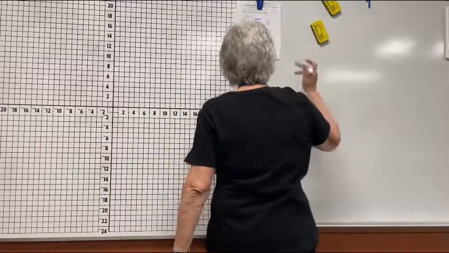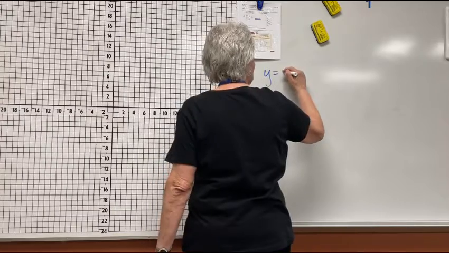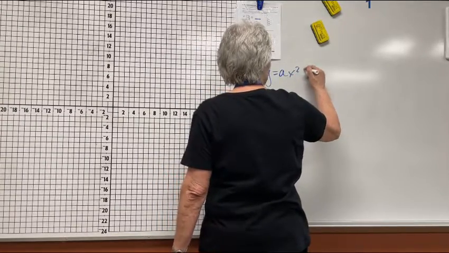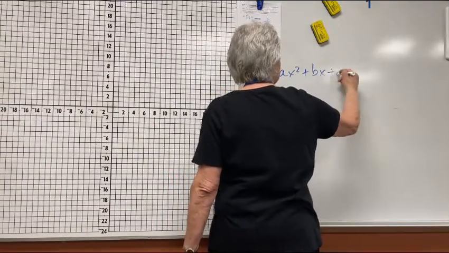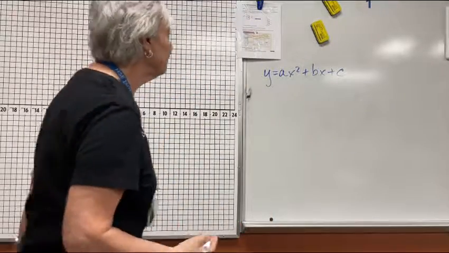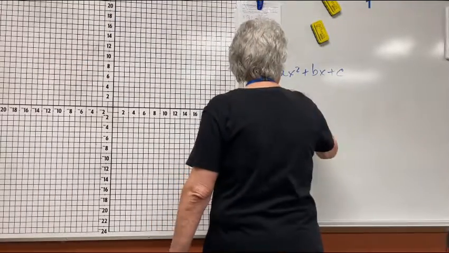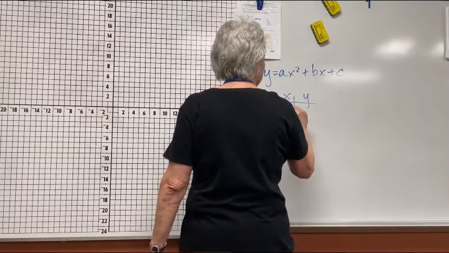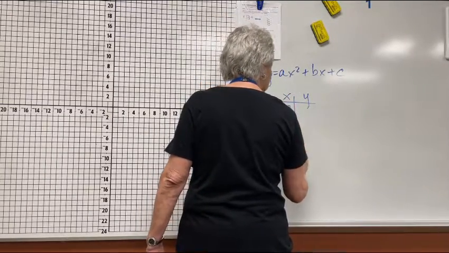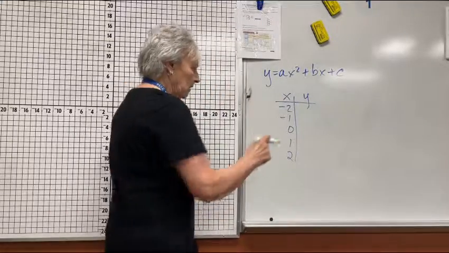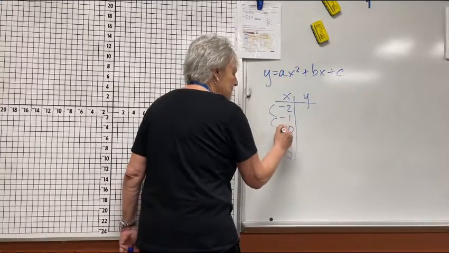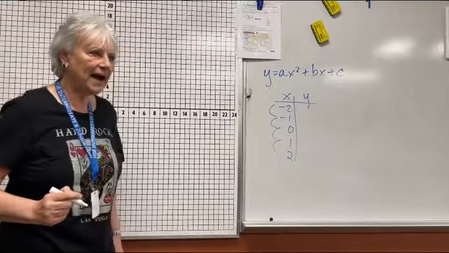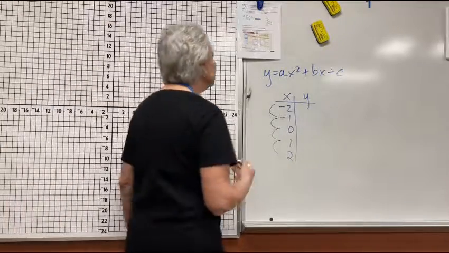Now in a quadratic function, which is y equals ax squared plus bx plus c, let me give you an example of how you can tell if it's a quadratic function. Negative 2, negative 1, 0, 1, 2. Same pattern, same difference.